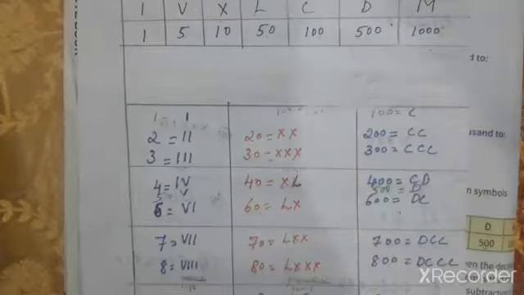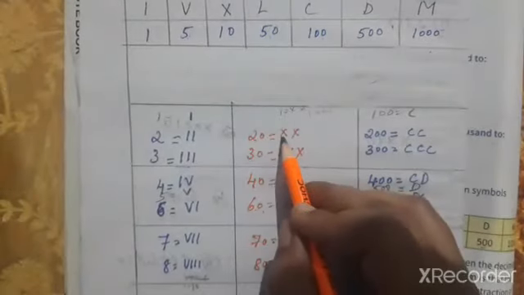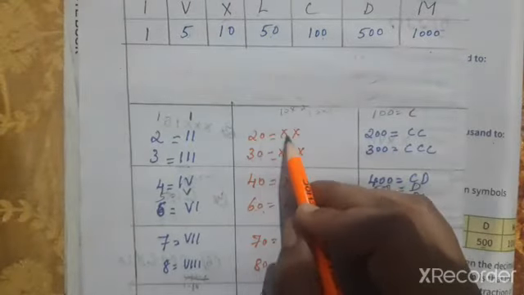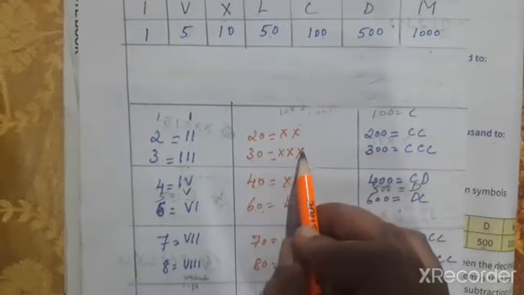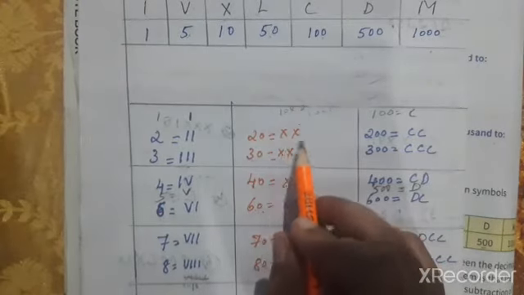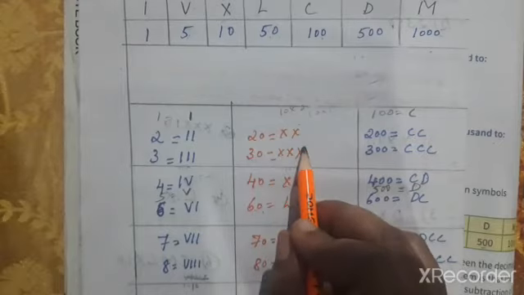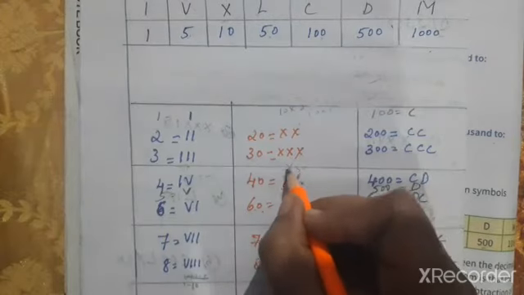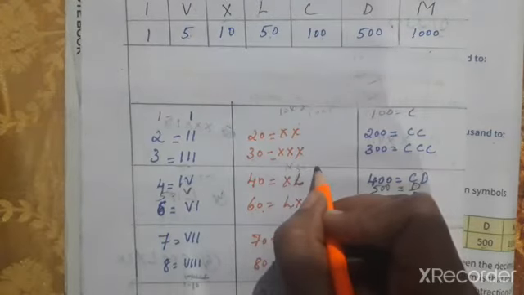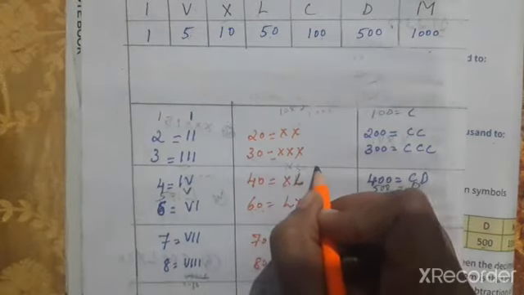Now to write 20, we know 10 is X. We can repeat X: 10 plus 10 is 20. 30 means XXX: 10 plus 10 plus 10, 10, 10 is 20, 20 plus 10 is 30. 40 means, can we write X 4 times? No, we cannot write any letter more than 3 times.